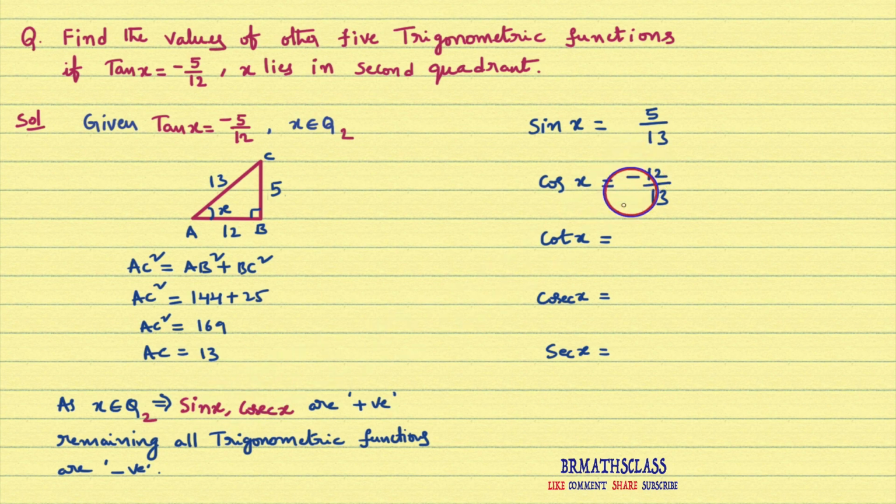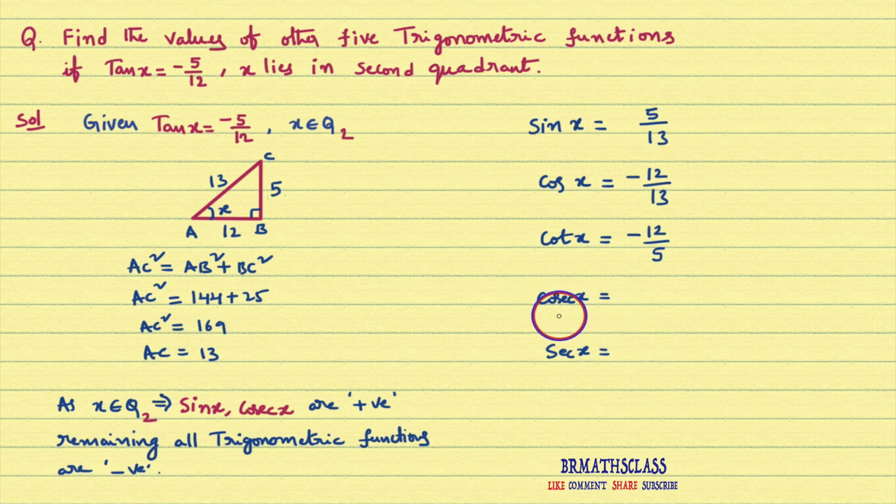So cos x is minus 12 by 13. Now cot x. Cot x is defined as adjacent side by opposite side. Adjacent side is 12 divided by opposite side, which is 5. As x lies in the second quadrant, cot x is negative. So here cot x is minus 12 divided by 5.